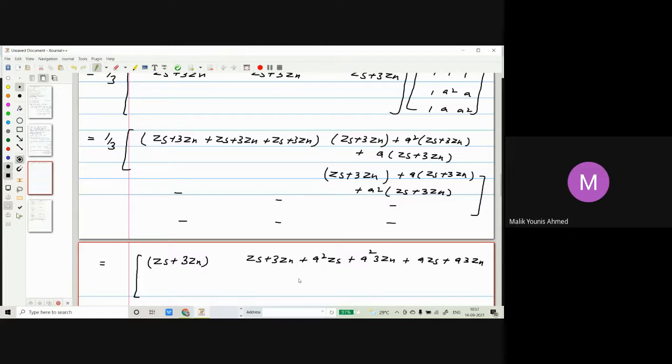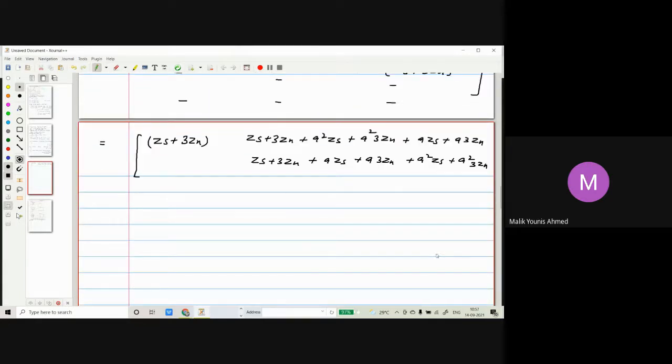And the last entry will be Zs plus 3Zn plus AZs plus A3Zn plus A square Zs plus A square 3Zn. The rest of the entries we can fill.